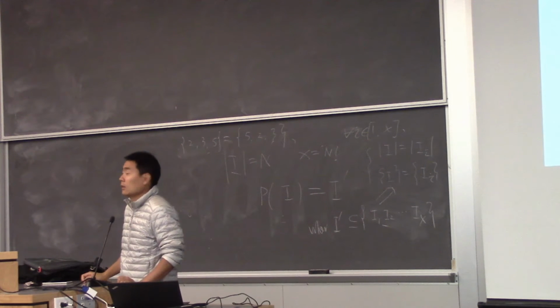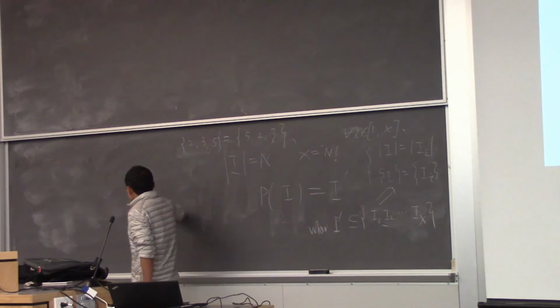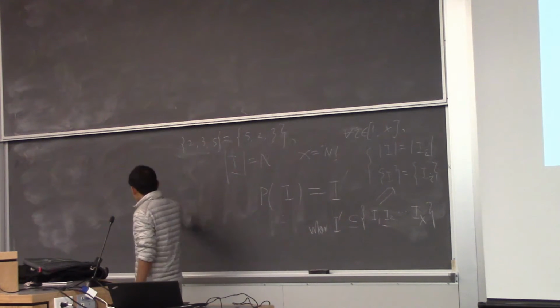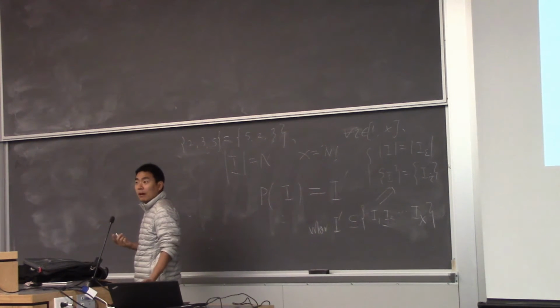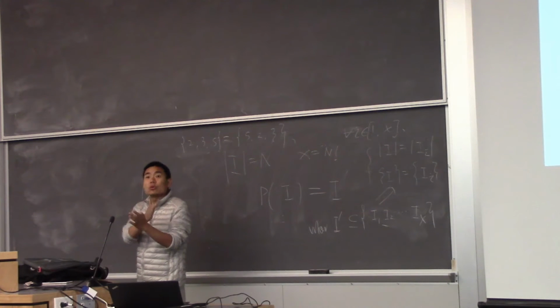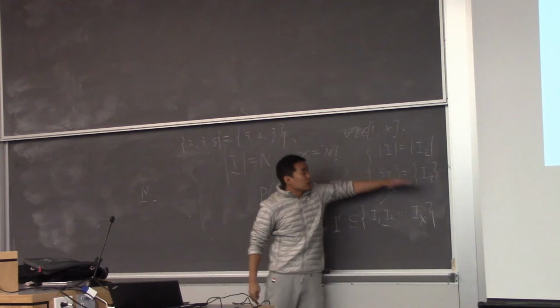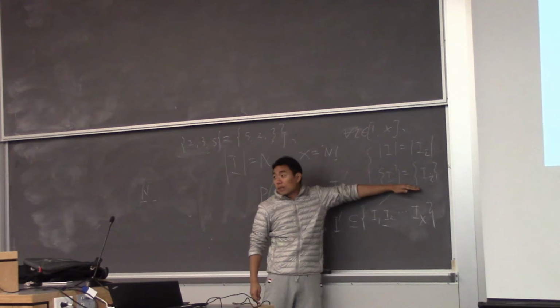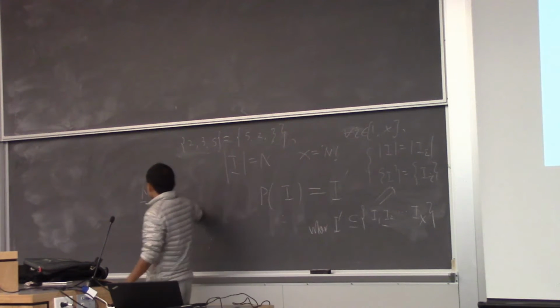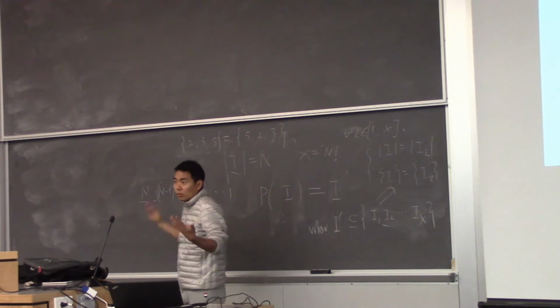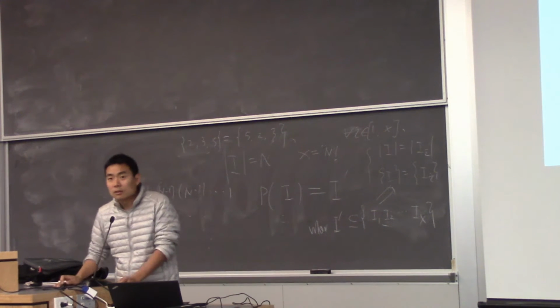Why? For the first position, you have n choices. You choose any one of them. For the second position, how many choices do you have? N minus 1. You cannot choose the same item one more time. Otherwise, if you do that, this condition will not hold. They are no longer the same set. So you have n minus 1 choices left. Then n minus 2, right? So n factorial. Okay?